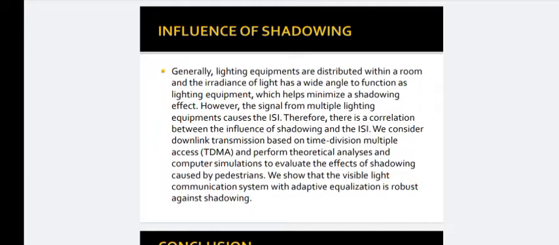We consider downlink transmission based on time division multiple access, that is TDMA, and perform a theoretical analysis and computer simulation to evaluate the effect of shadowing. And we know the visible light communication system with adaptive equalization is robust against shadowing.